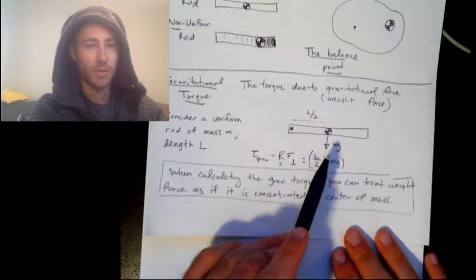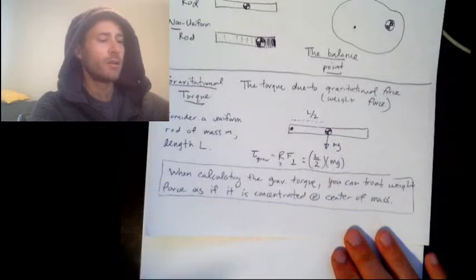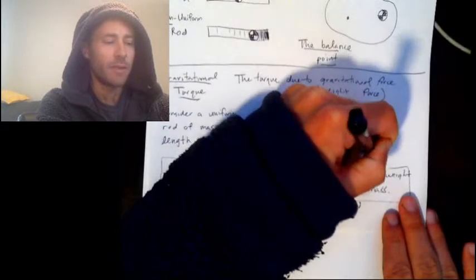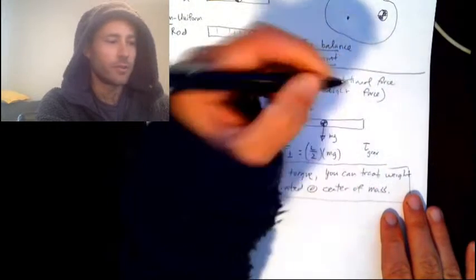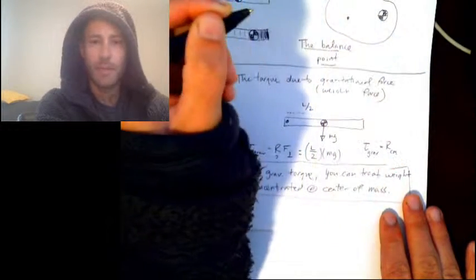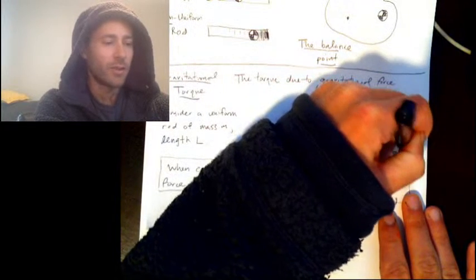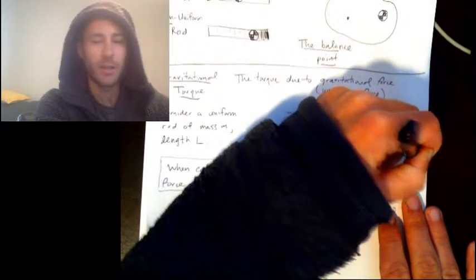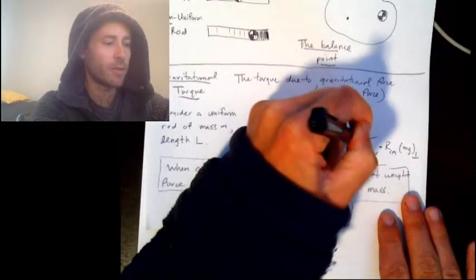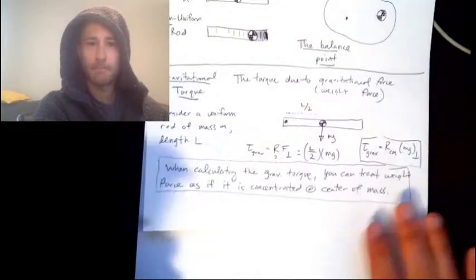It's already perpendicular. So in general, the torque due to gravity is going to be the distance to the center of mass times the component of the weight force that is perpendicular to that line connecting the pivot to the center of mass. So that's in general.